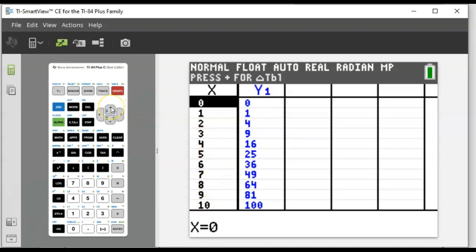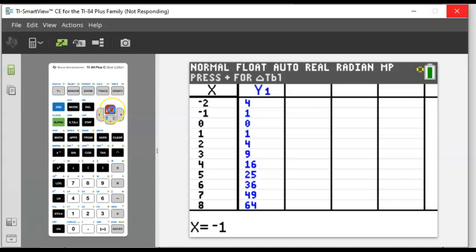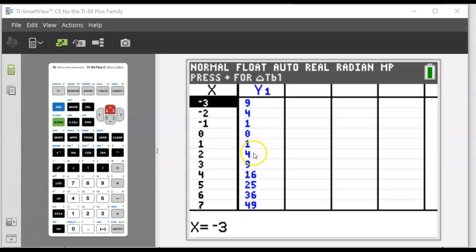Now you can use the arrow keys and back it up a little bit, and notice that this actually is the table that we're interested in for our graph. So you'll notice some symmetry here.